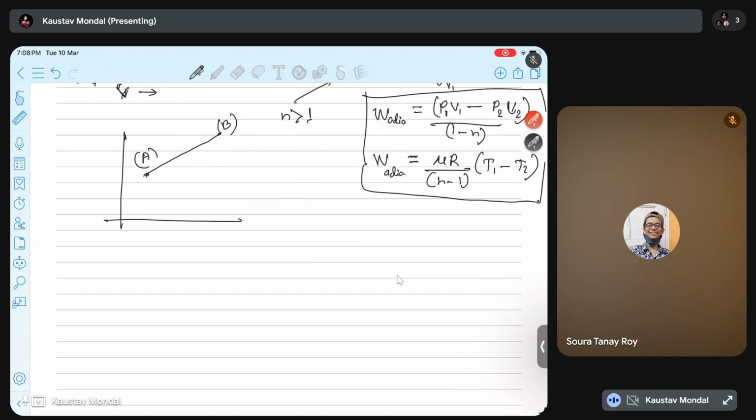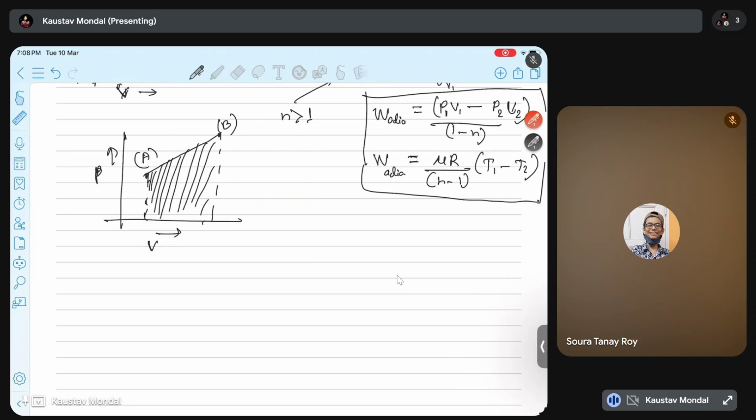Let's suppose this is a PV diagram. From the PV diagram, you can calculate the work done by calculating the area under this curve.